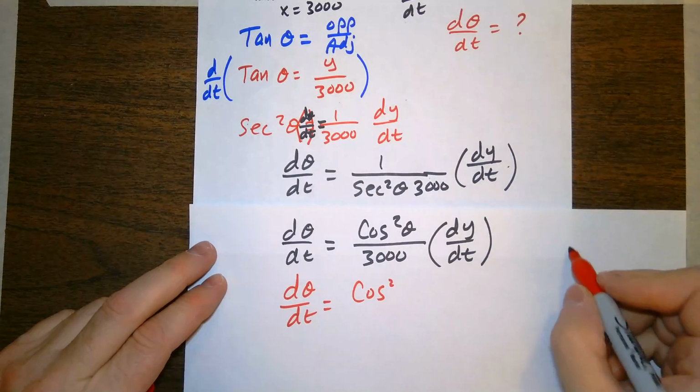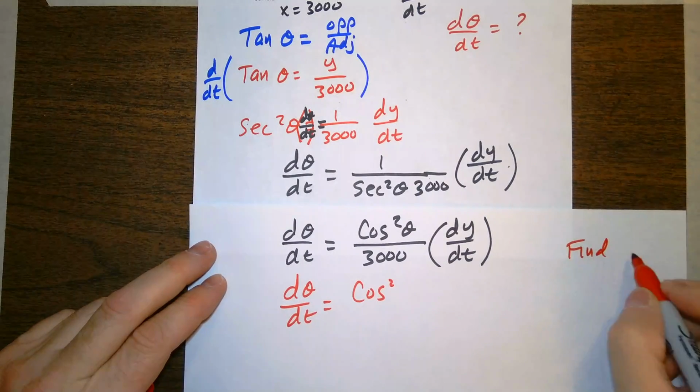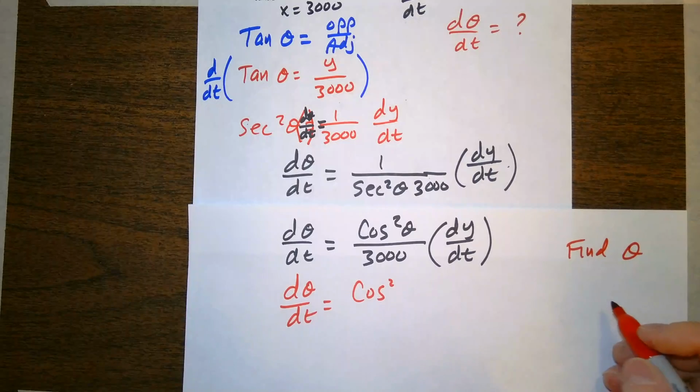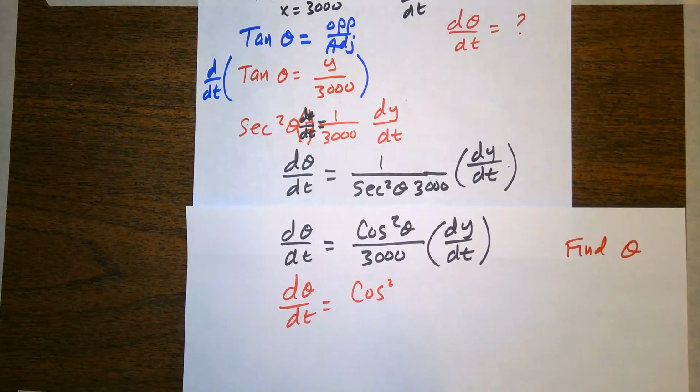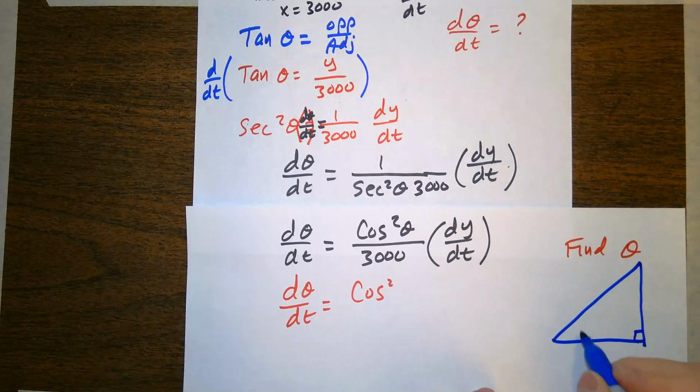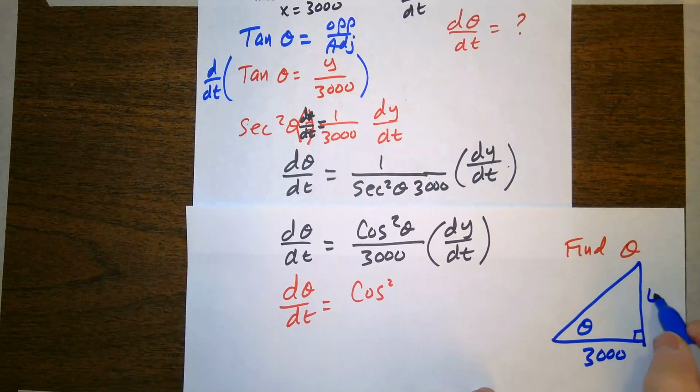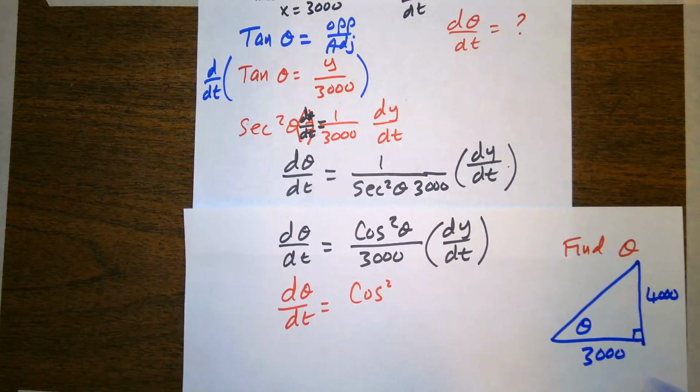I need to find theta. At what instant are we trying to find theta? At the instant the rocket is 4,000 feet high. In other words, what is theta, and this is a fixed distance of 3,000, when the rocket is 4,000 feet high?